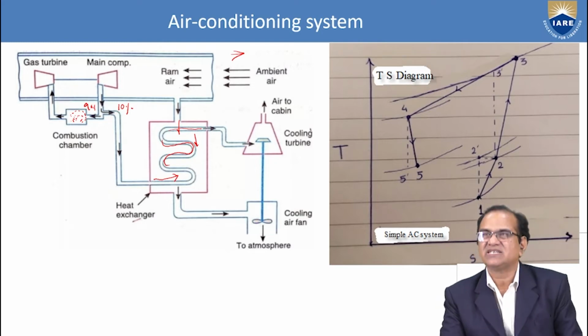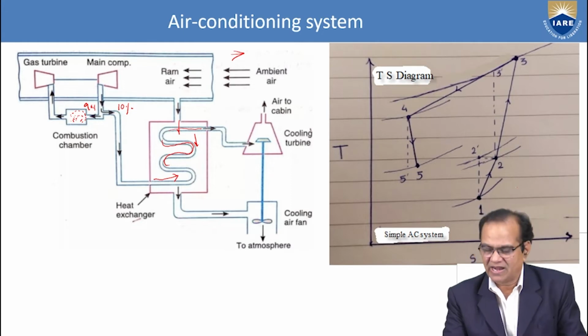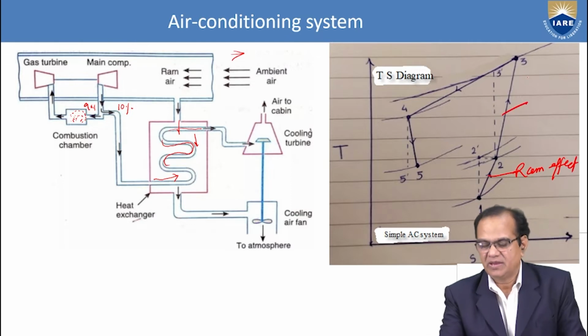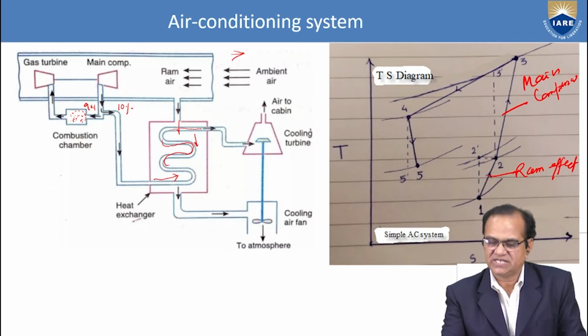Here we can see that 1 to 2 is the ram effect. Here is the main compressor. Then here we have the heat exchanger.